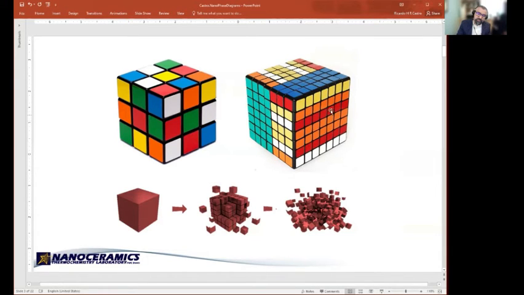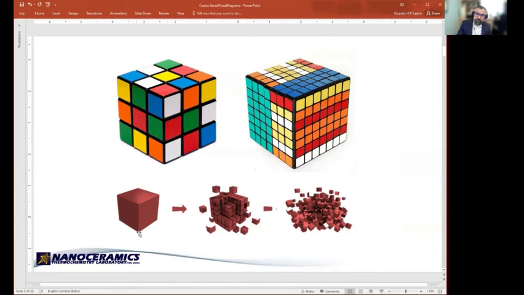If this is a magic cube, and you start moving this cube versus moving this cube, you realize there's a big difference in how you actually move it. The same thing applies in the nanoscale. Because there is so much interface available, the mechanical properties of any nanomaterial will be intrinsically different compared to micromaterials, just because there are more interfaces.